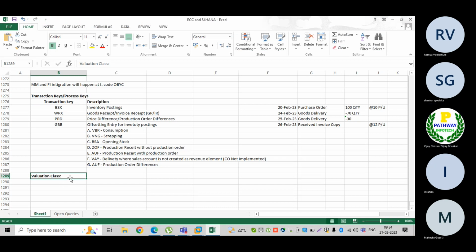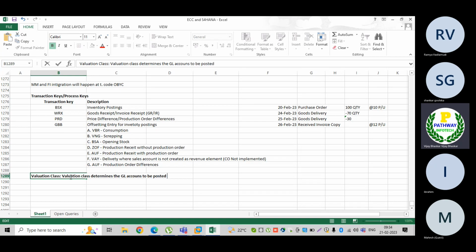Now, valuation class determines the GL accounts to be posted automatically.